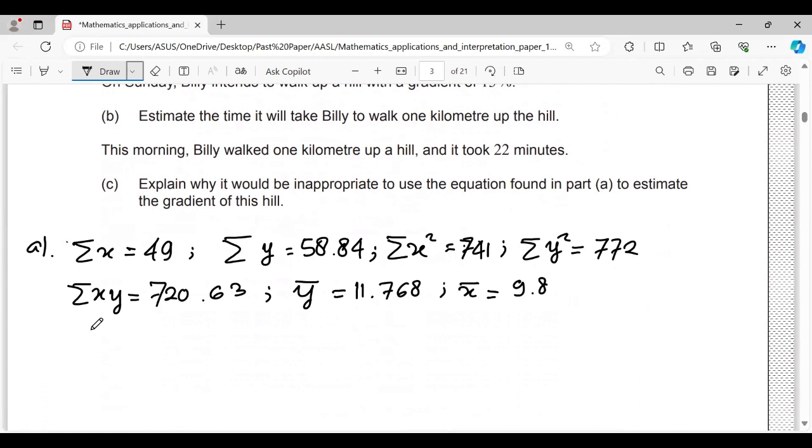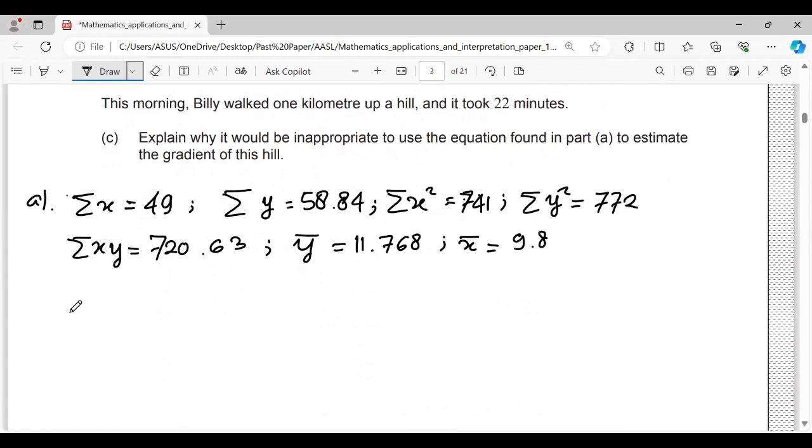All right. Now I'm going to find B. B is the coefficient of G, because the equation is supposed to be y equals A plus bx.